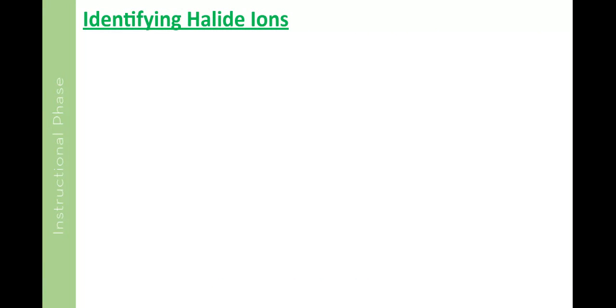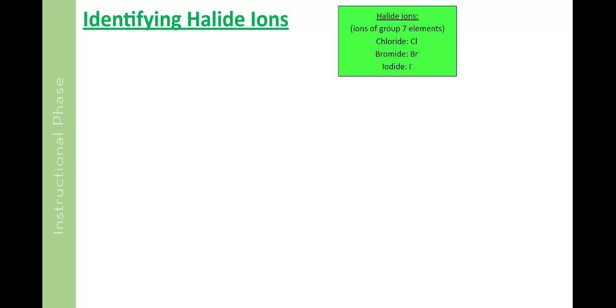Okay, so that leads us on to the final negative ion tests, which are testing to identify if a compound contains halide ions. And remember, halide ions are any ions formed from group 7 elements. So the ions we're going to be looking at are chloride, bromide, and iodide.